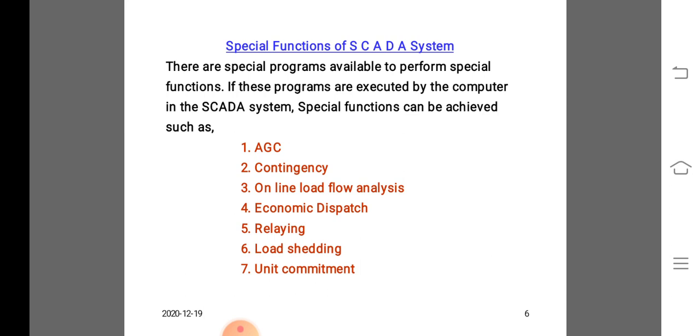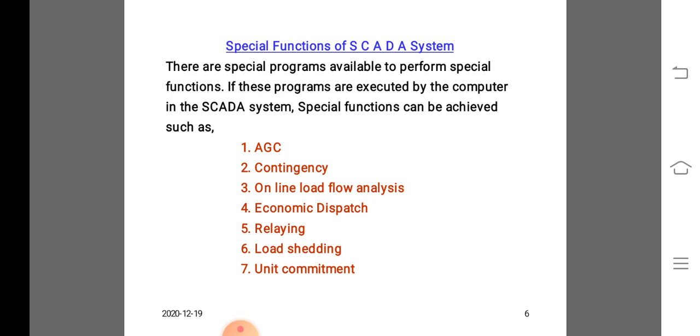Older remote terminal units are equipped with modems to provide the communication link back to the energy control center, whereas newer remote terminal units generally have internet capability.